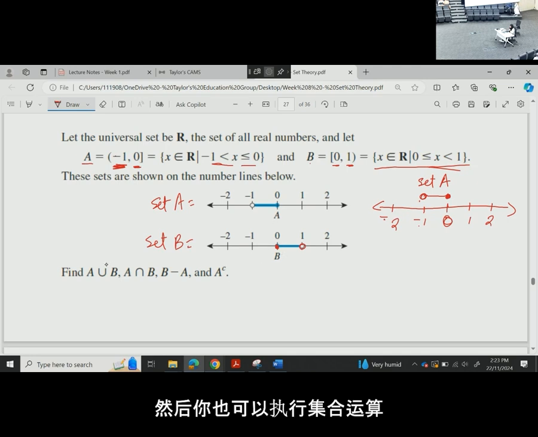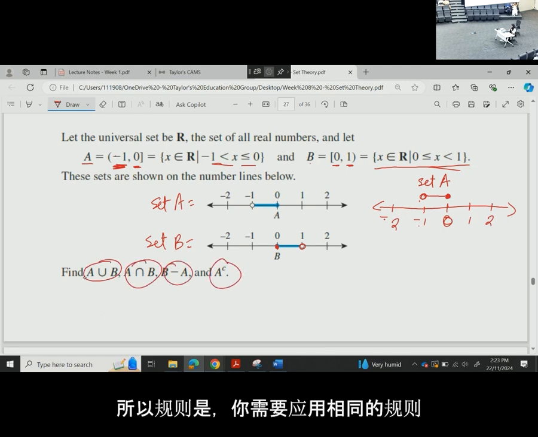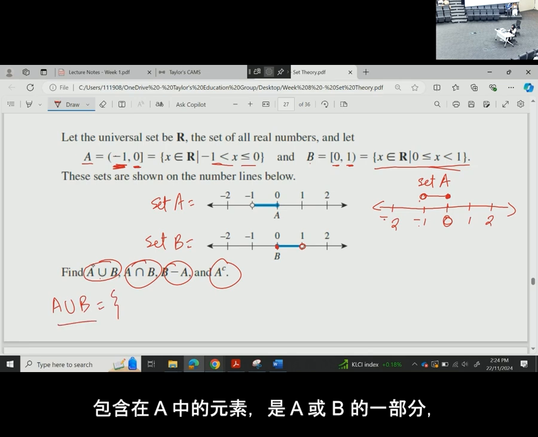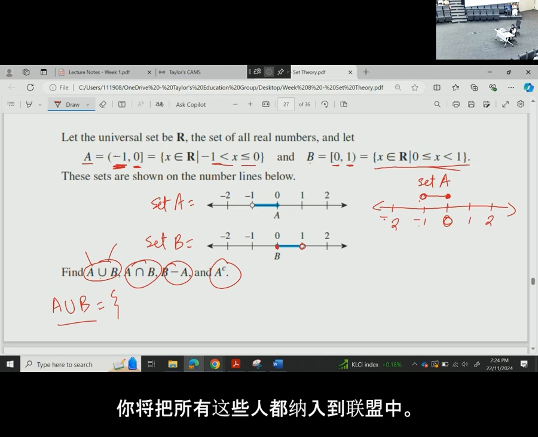All right, so this is how you can show the elements included in given sets, and then you can also perform set operations like union, intersection, difference, and complement. You will need to apply the same rules that you have studied in the beginning. For example, union. If you take the union of two sets, what elements will be included? The elements that are part of A or B, you will include all of those in the union.